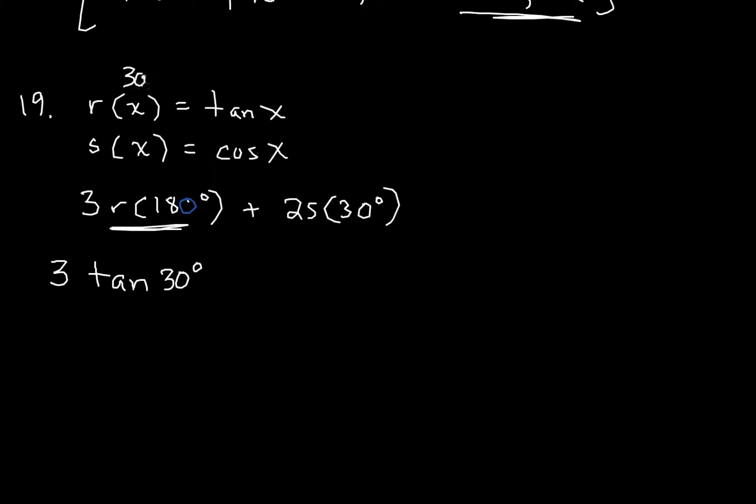I'm replacing the x's with 180, not 30. So it'd be 3 times the tangent of 180 plus 2. Now we go to the s function and we put the 30 in where the x is, so we'd say cosine of 30.